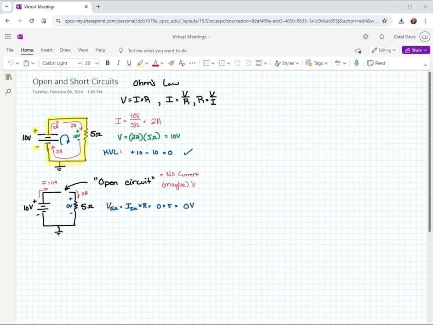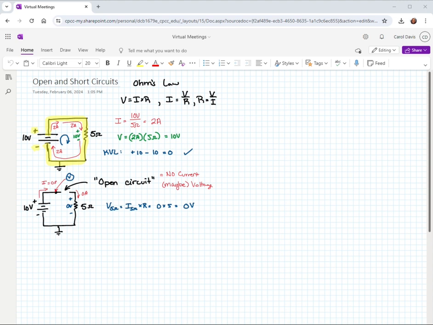Okay, because what we now need to do is think about, if I took a voltmeter, let's just grab our trusty voltmeter here, and I'm going to put the black lead on one side of our open circuit. Actually, let me put the red lead there, and we'll reverse them in just a minute.